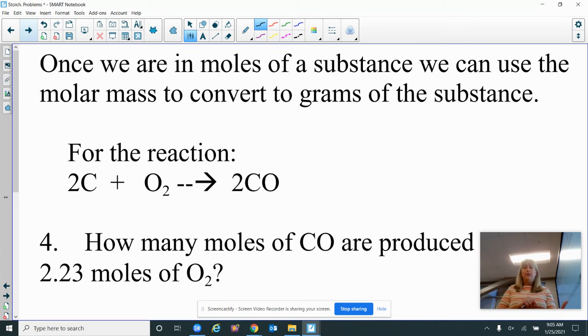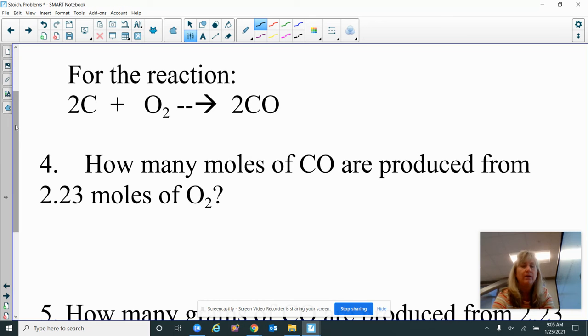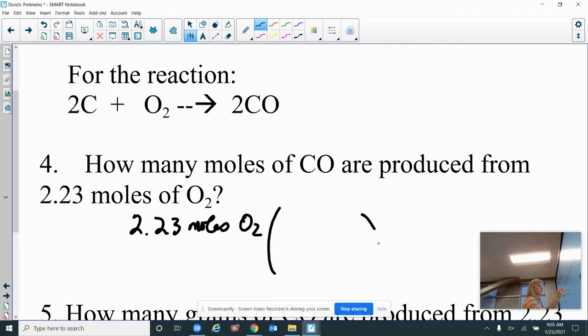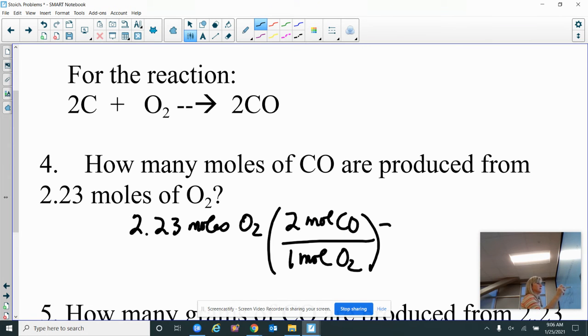If we want to add in grams, then we use molar mass again, just like we've been doing to convert between moles and grams, we use molar mass. So the first one, we're just going to do mole to mole again, and then we can add in grams. So for this one, we have 2.23 moles of oxygen, and in our balanced equation, there is 1 mole of oxygen to 2 moles of carbon monoxide.